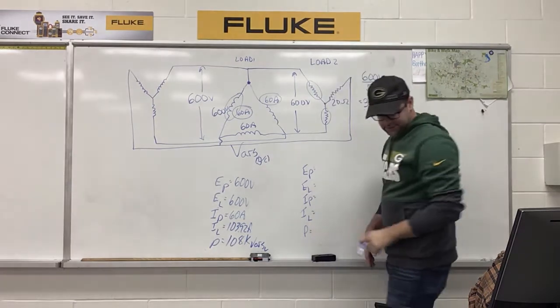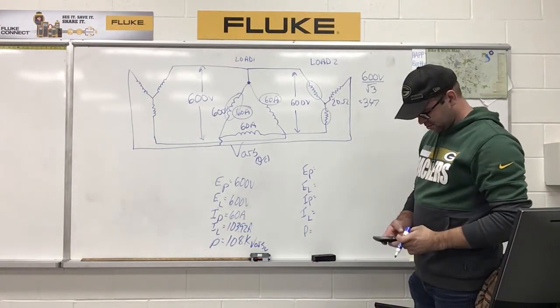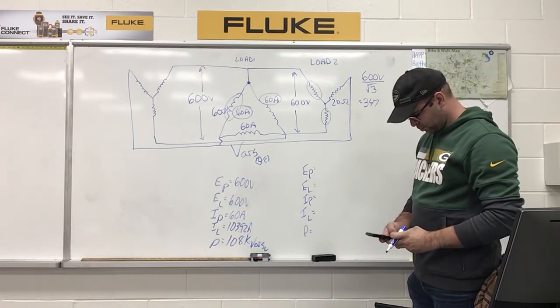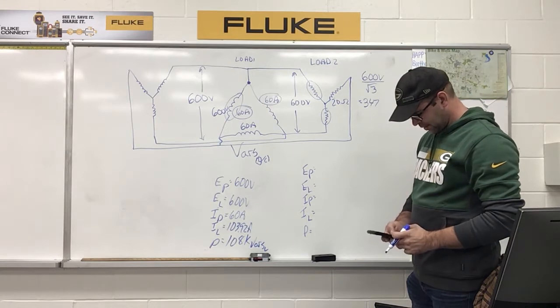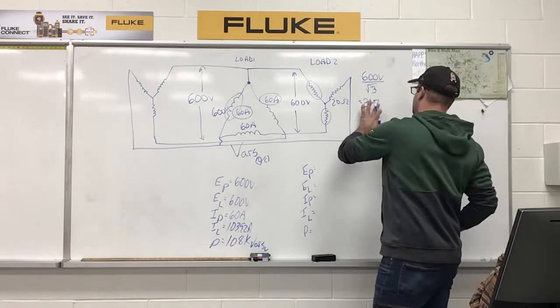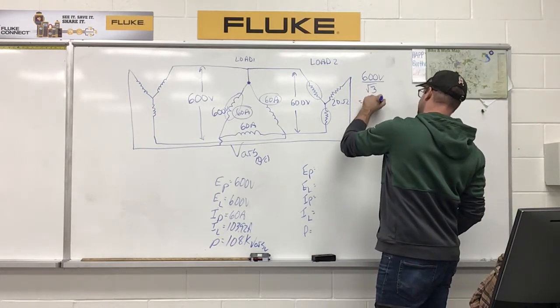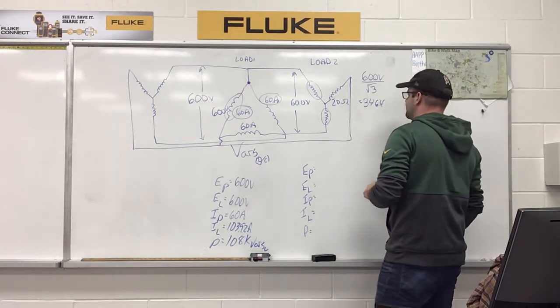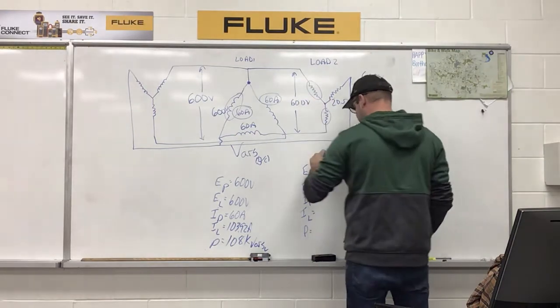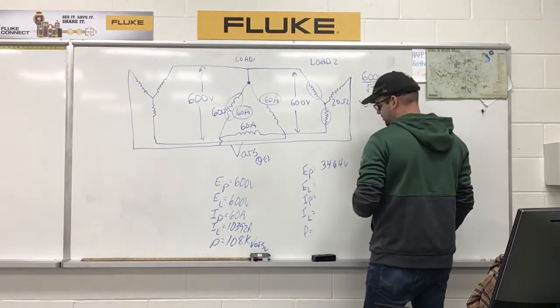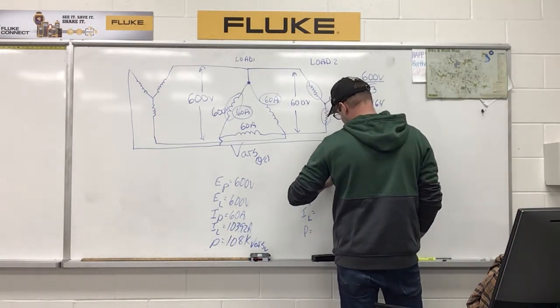I think it's 346.2. Yeah, 346.4. Let's just keep that the way it is for accuracy. So we have a phase value of 346.4 volts. Our line value, as we said, was 600 volts.